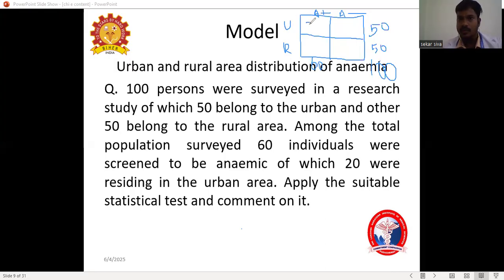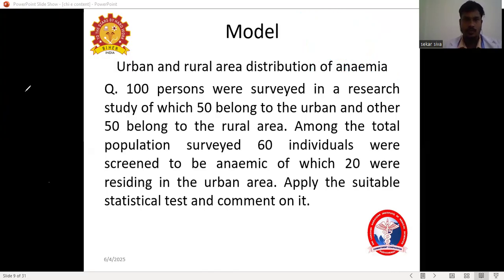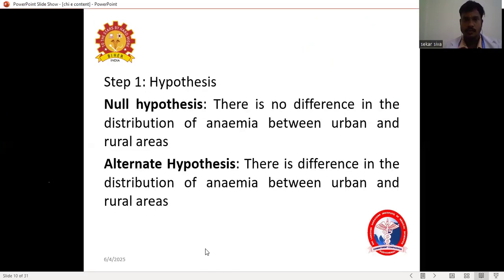So the remaining is 60 minus 20, 40. 50 minus 20, 30. 50 minus 40 is 10. This is how we have to make a 2x2 contingency table. Are we clear about how to make a 2x2 contingency table?